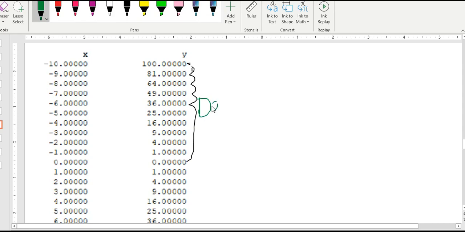So if it's decreasing, and then it increases again, as soon as it goes back up from 0 upwards, that makes this point 0, 0 a relative minimum.